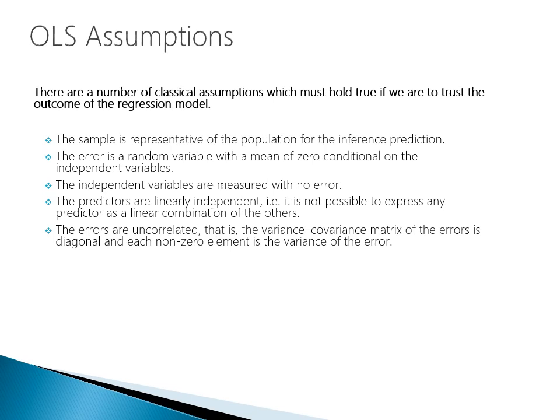The errors are uncorrelated. That is, the variance-covariance matrix of the errors is diagonal, and each non-zero element is the variance of the error. The variance of the error is constant across observations. So the principle of homoscedasticity.